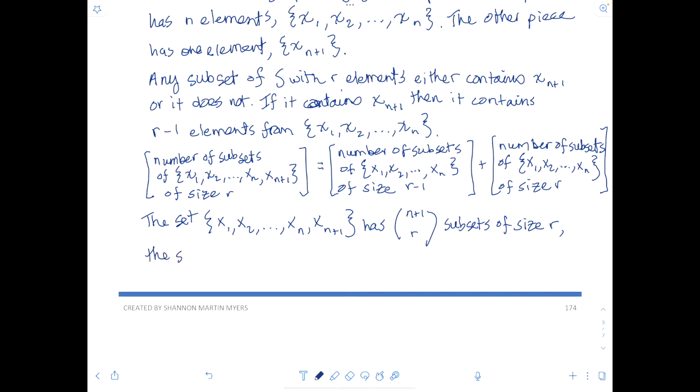The set x1, x2, all the way down to xn is going to have, good, n choose r minus 1 subsets of size r minus 1.